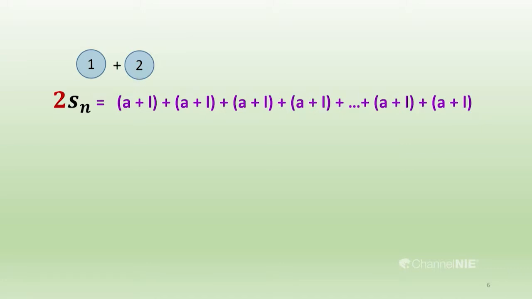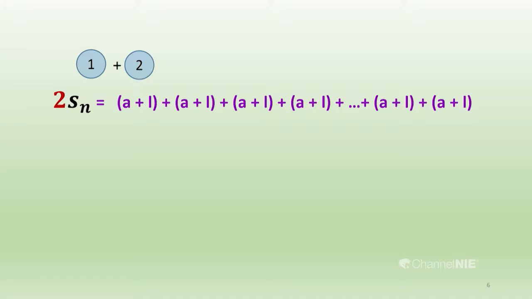You can imagine what I have on the right side. When you add the first term from the first equation and the last term from the second equation, the d terms cancel and you get a plus l.